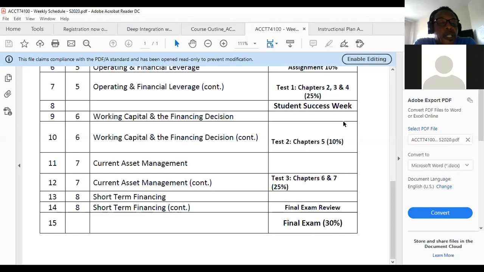And then in weeks 13 and 14, we finish up the rest of the semester by looking at short-term financing. And of course, the final exam.